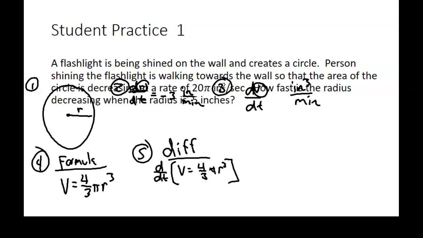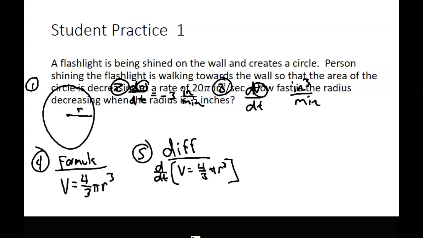Okay, so I put dV, good so far, equals 4 pi r squared. That's right. Now you're missing one. dr. There you go. Nailed it. You weren't wrong at all.